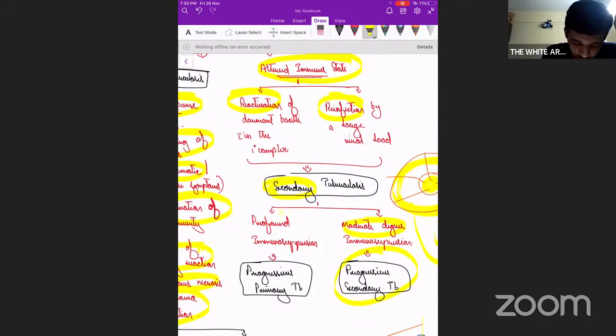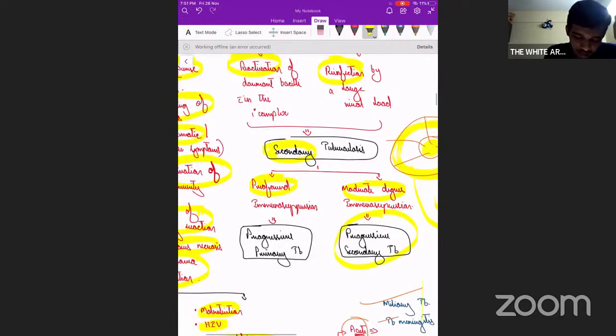If there is profound immunosuppression, then this will be similar to a new infection again, because the body would have forgotten that there has been a previous attack. That will lead to, again, something similar to progressive primary tuberculosis, or else the cavitary form of tuberculosis, that is progressive secondary tuberculosis.